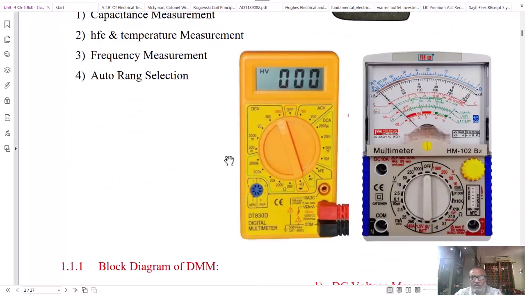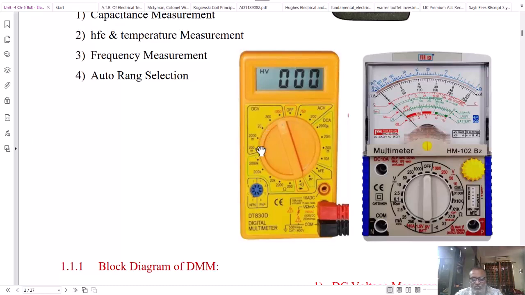The other multimeter shown here again has a range selector, an LCD display, and connection terminals. In this meter, you will see the range of measurements of DC voltages, in which there are various sub ranges: 200 millivolt range, 2000 millivolt range, 20 volt range, 200 volt range, and up to 1000 volt.